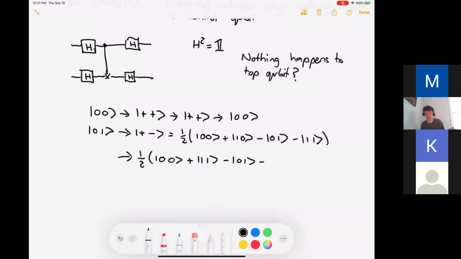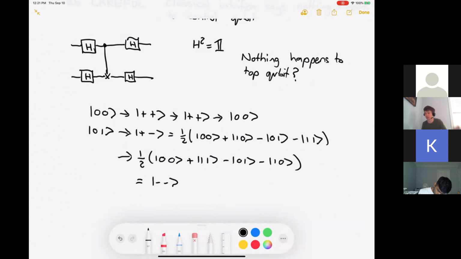What about 1, 1? It goes to 1, 0. Awesome. What is this state? Anyone know? It has a minus. Yeah, indeed. We have a minus sign in front of both 0, 1 and 1, 0. So this is actually exactly the same thing as minus, minus, right? The two minus signs cancel out in the 1, 1 term, and that's why you get a plus.